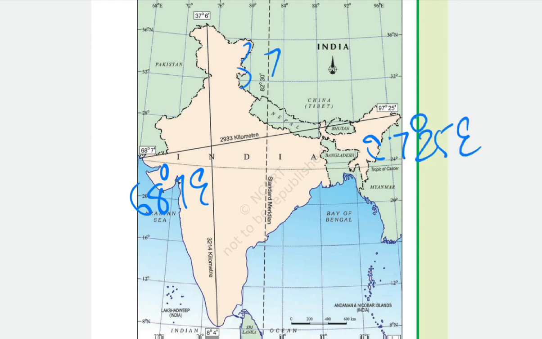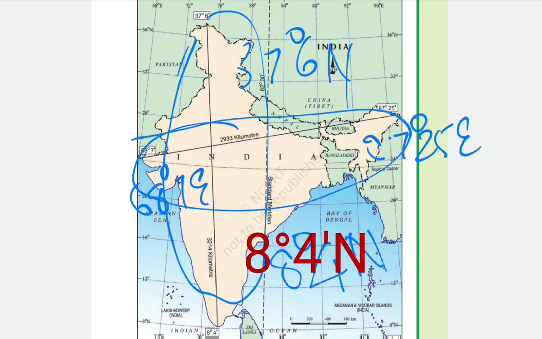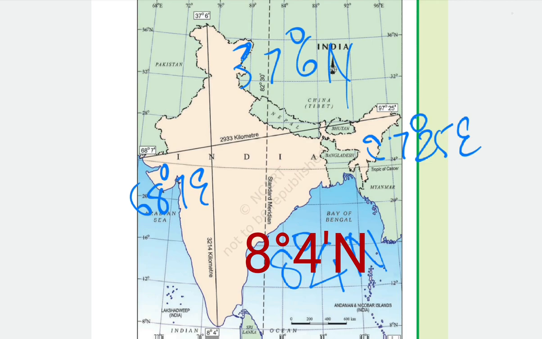This is 37 degrees 6 north and this is 8 degrees 4 north. Even if the extent is about 30 degrees, it appears to us that the north-south extent is longer than the east-west extent.